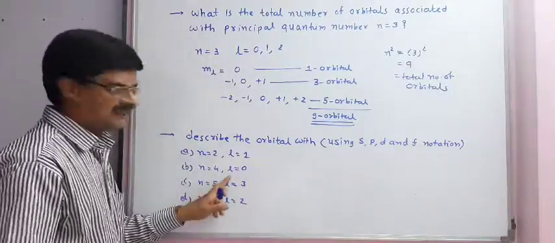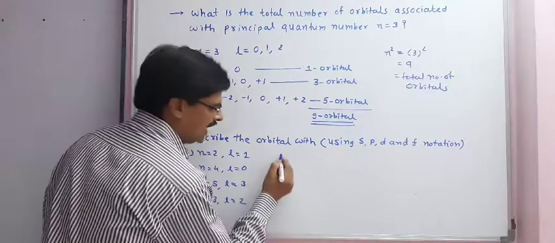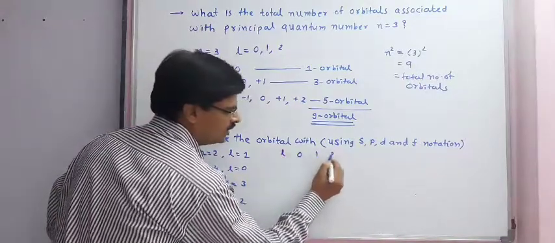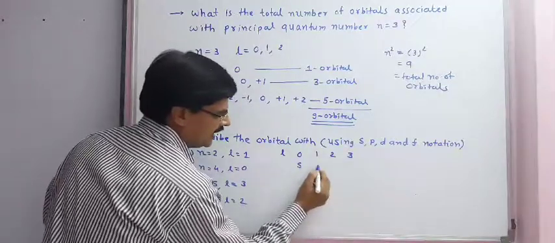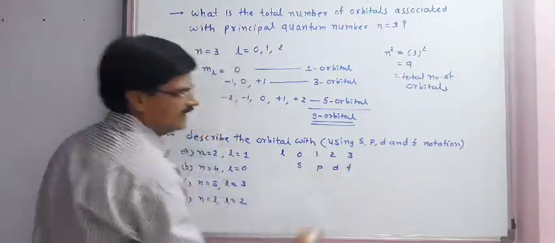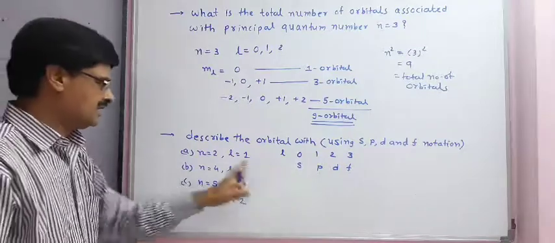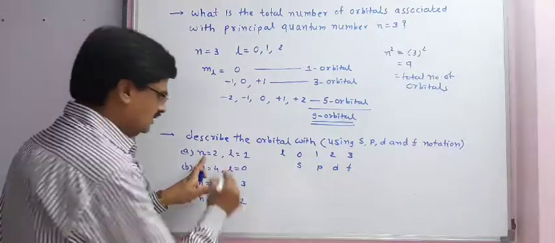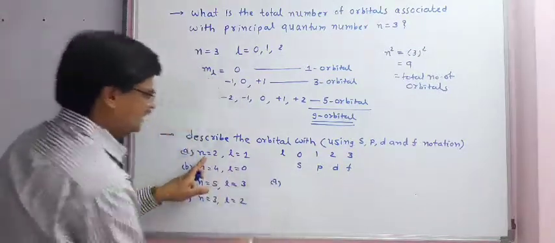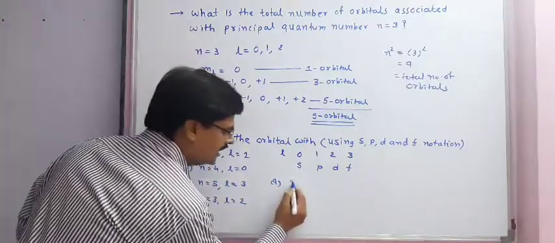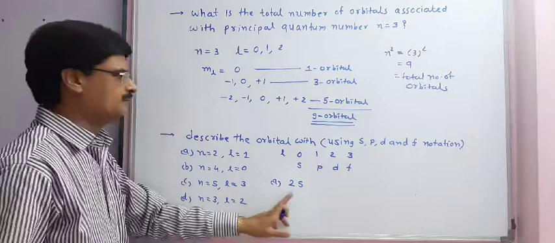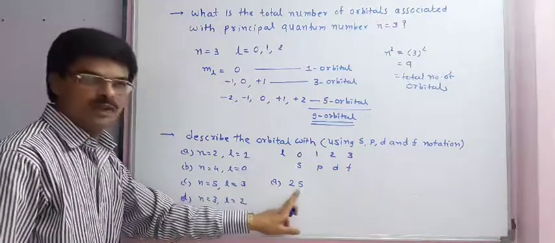First of all, for azimuthal quantum number values L equal to 0, 1, 2, 3, we can write the subshells s, p, d and f. Using this knowledge and the given information, for the first one, n is equal to 2, L is equal to 0. So the orbital name is 2s.